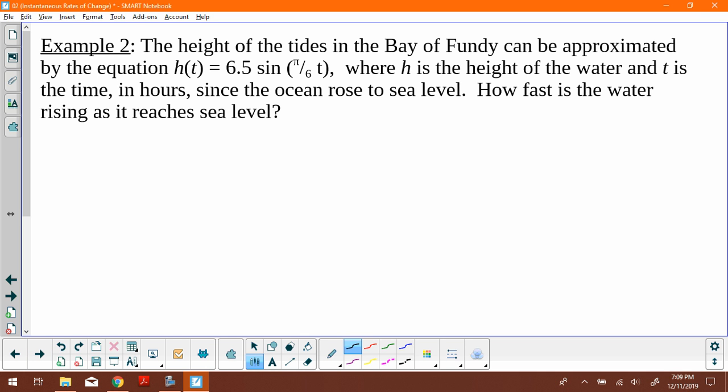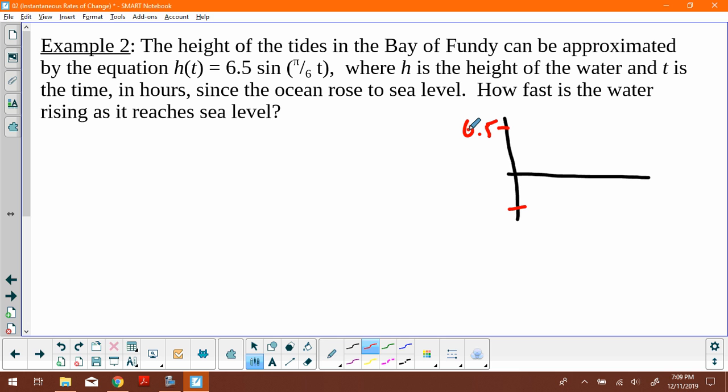Okay, so again, to get a quick idea of what I'm going for here, it's a sine function, right? Amplitude is 6.5, so it goes 6.5 above and below. Pi over 6, so that means the period is 2 pi divided by pi over 6, which is 12.